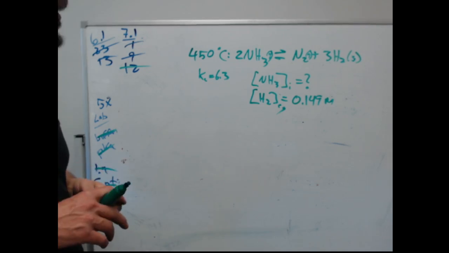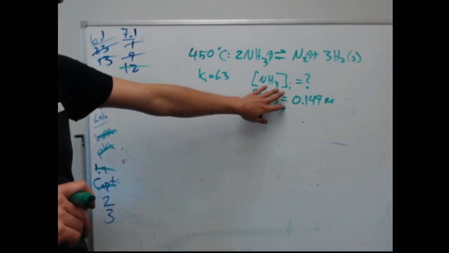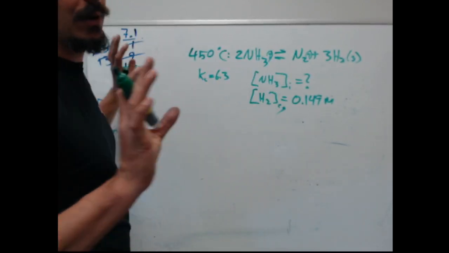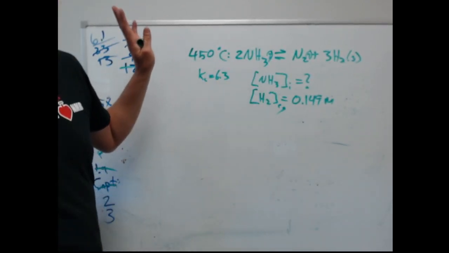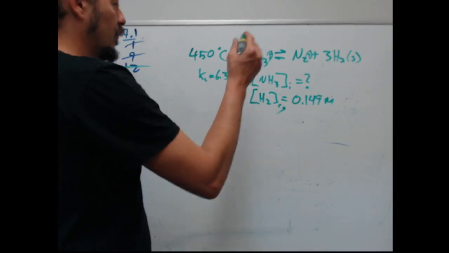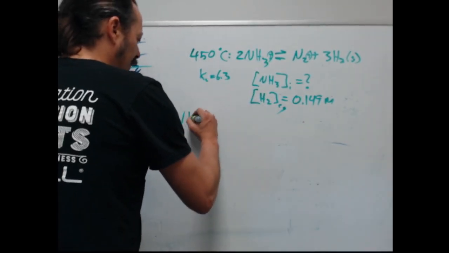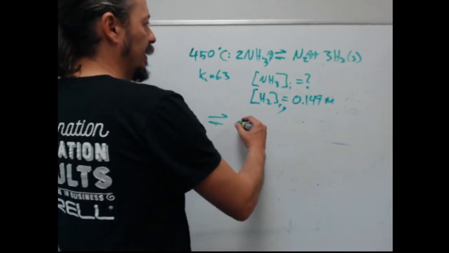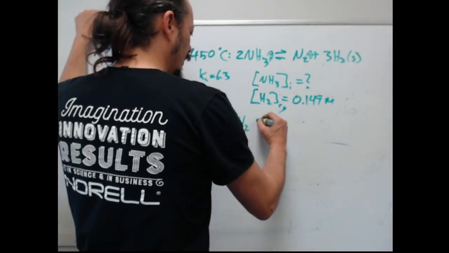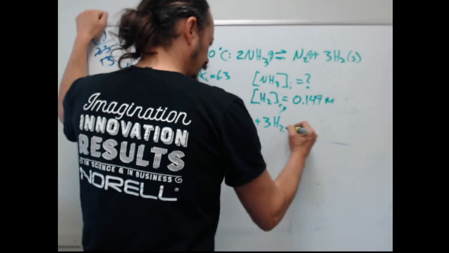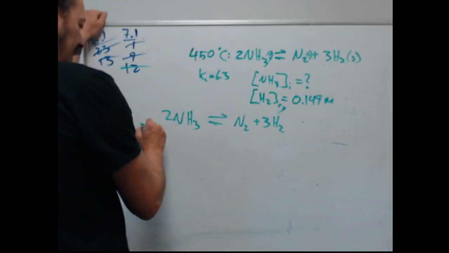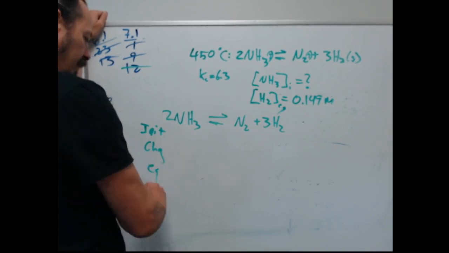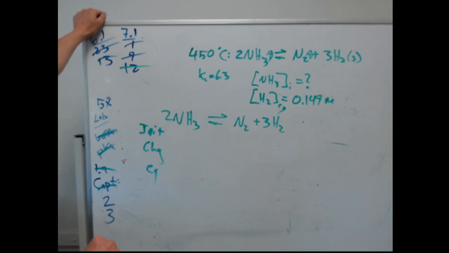You'll notice I've got particular subscripts to keep track of things here. I like to use a question mark because if I use X for everything, I get confused. So I'm going to write down my balanced chemical equation again: 2NH3 going through equilibrium to N2 plus 3H2. It's still an equilibrium problem, just like always: initial, change, equilibrium.